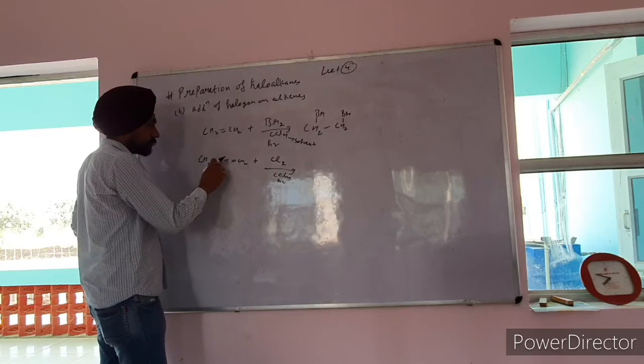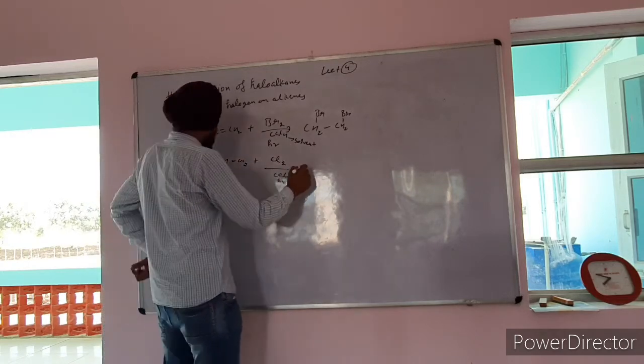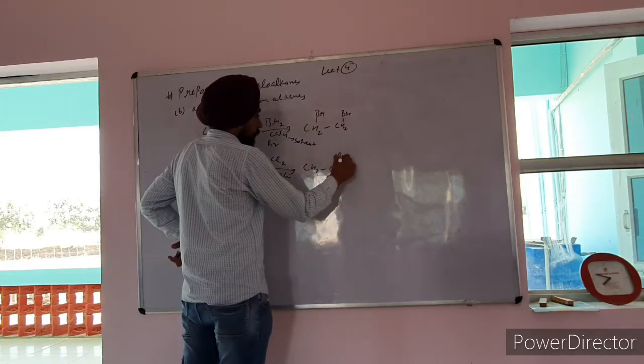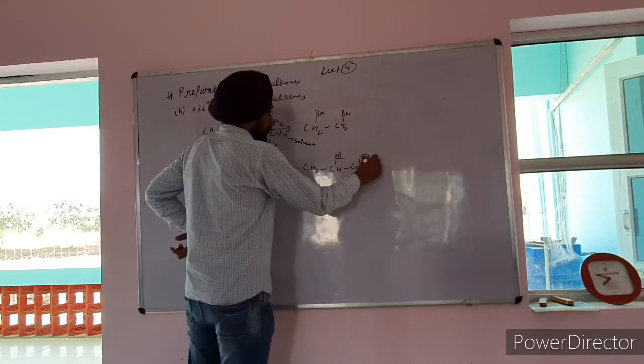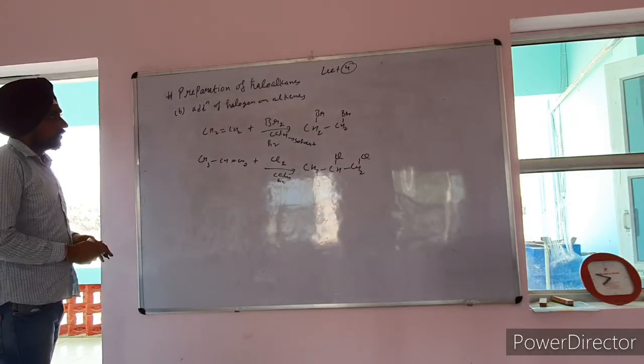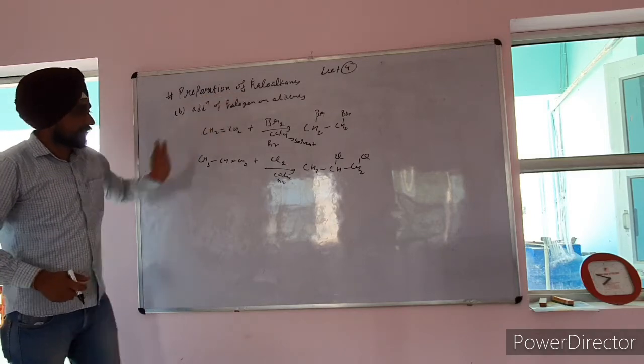Again, one Cl goes to one carbon atom and the second Cl goes to the other particular carbon atom. This is all for preparation of haloalkanes from alkenes.